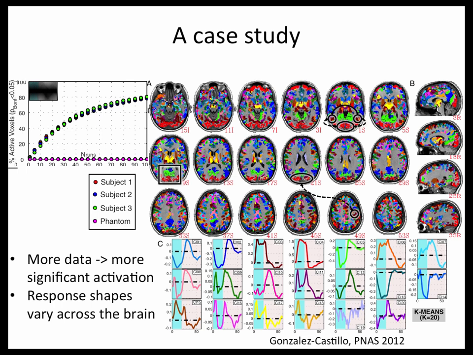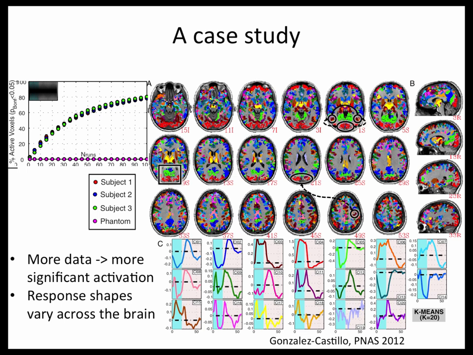So maybe more voxels will be significantly active if you collect another 10 minutes of data. So the point of this study was to see where does that end. So instead of collecting 5 minutes or 10 minutes of data, we collected 9 hours of data. So this was done over about 9 different days. The exact same 5-minute flashing checkerboard task was done for 9 hours in each volunteer.